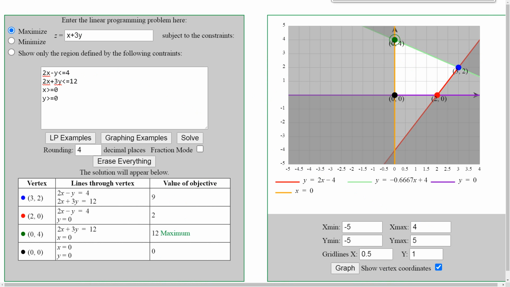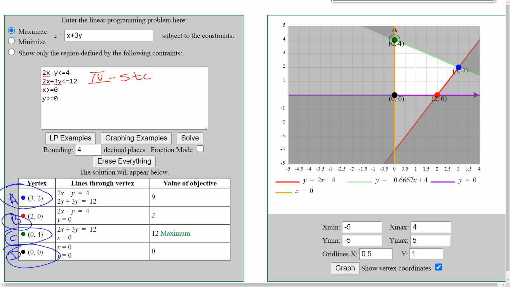Thus, we have four vertices of the common feasible region: A, B, C and D. A is (3, 2), which we have just determined. B is (2, 0), C is (0, 4) and D is (0, 0). These are the four vertices of the common feasible region.